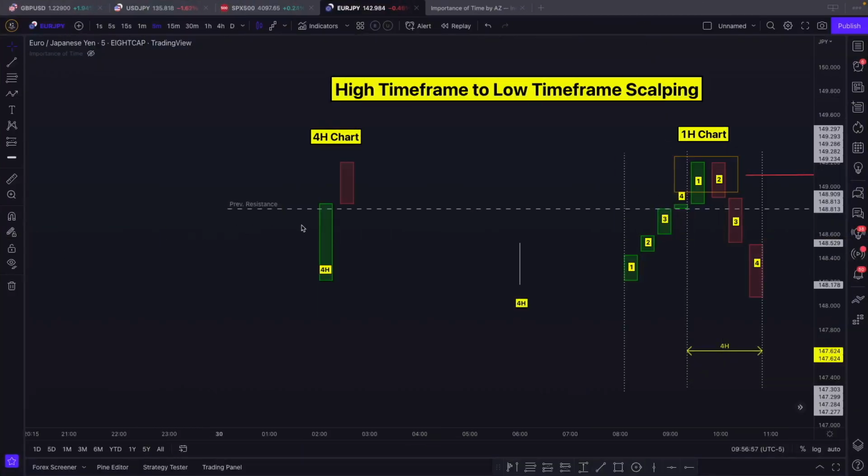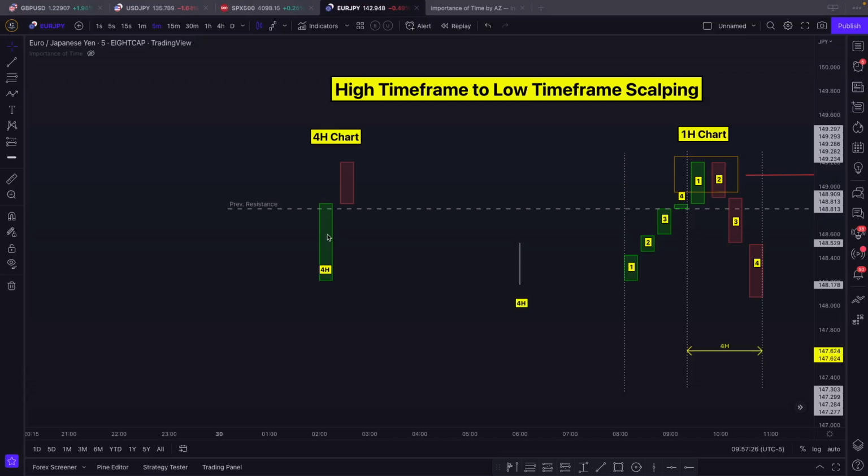So let's get started with 4-hour breakout traders. Imagine we have some structure forming here that we would consider previous resistance. Now on a 4-hour chart, the most important point to get is that a 4-hour trader, a 1-hour trader, and a daily trader enter the market at 4-hour candle closes, 1-hour candle closes, or daily candle closes.